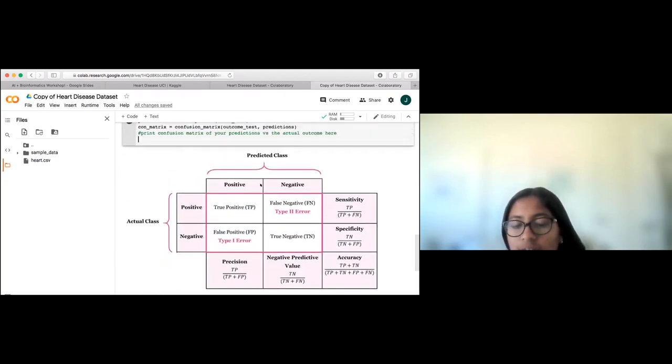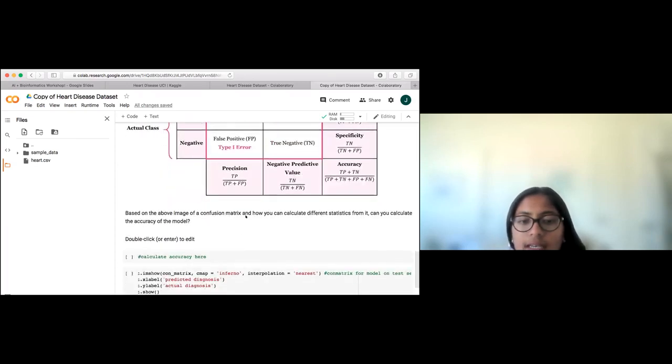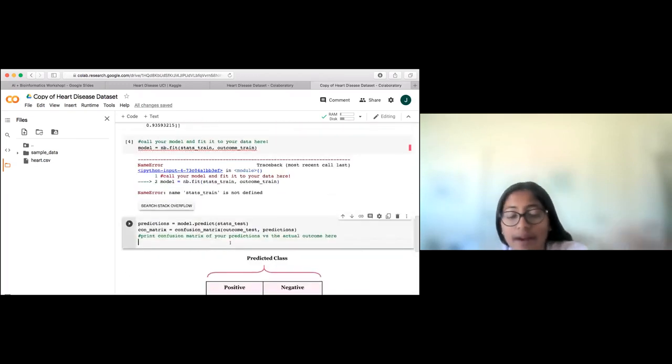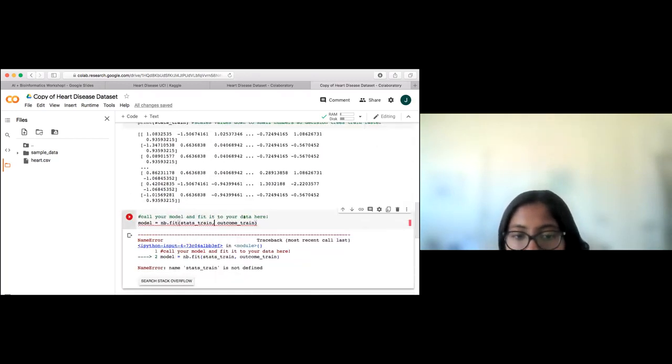And then over here, I have included an image of a confusion matrix with all the different performance metrics that you can use to measure. Actually, let's just stop there. So over here, can everybody just print a confusion matrix? And in the meantime, I'm going to train my model.